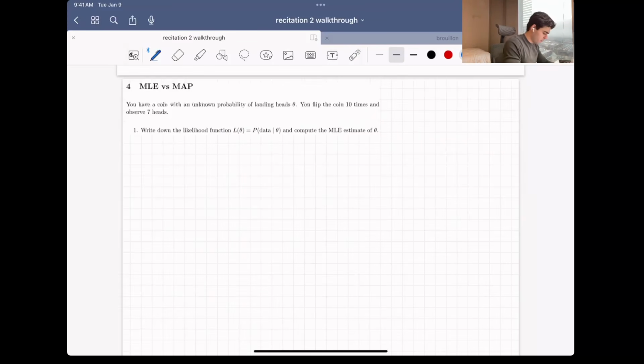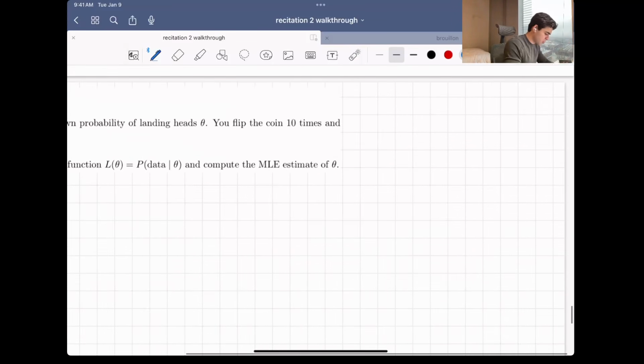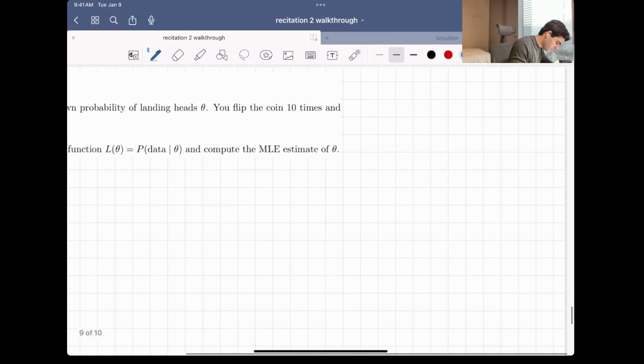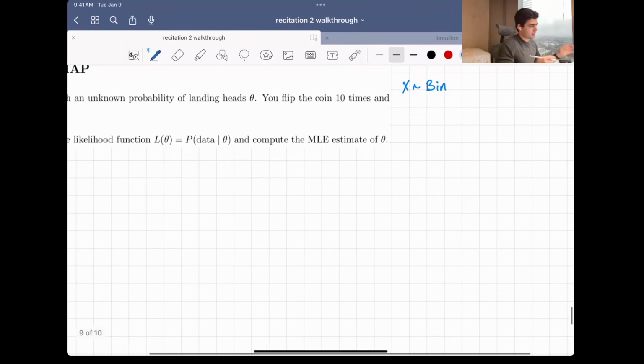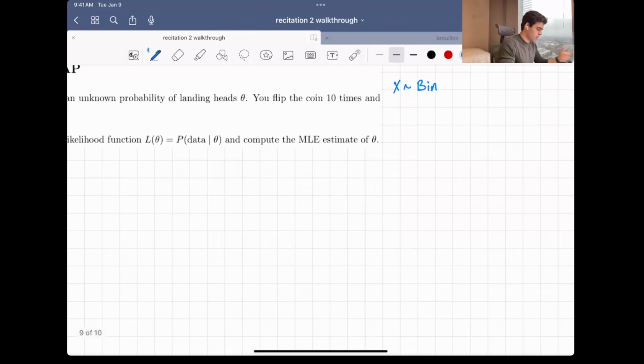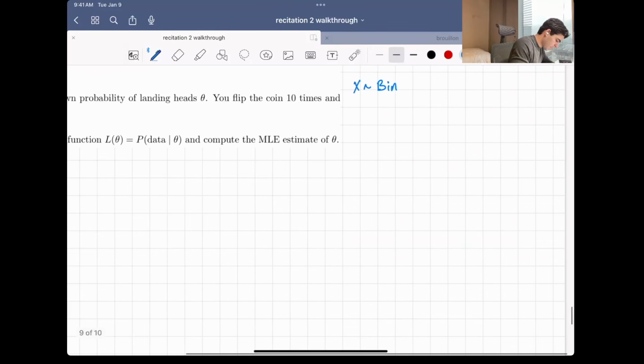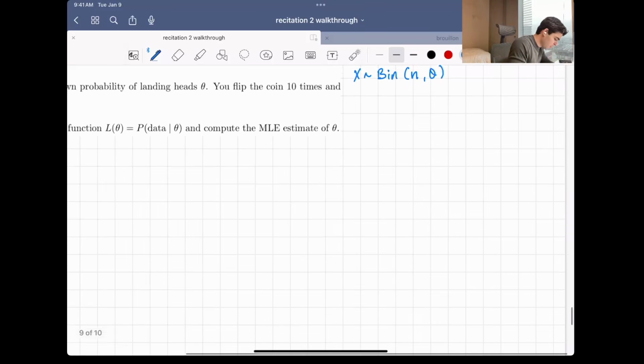So let's construct a little toolbox here first. First, we want to know that if x follows a binomial distribution, which it does here, basically it's a repeated Bernoulli distribution with parameters n and theta. So n is the number of times you repeat the experiment. Theta is the probability of success, which in our case is the probability of heads.